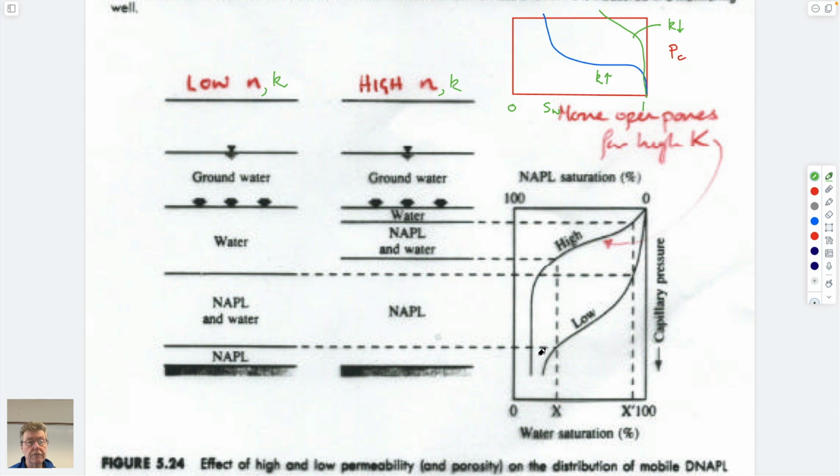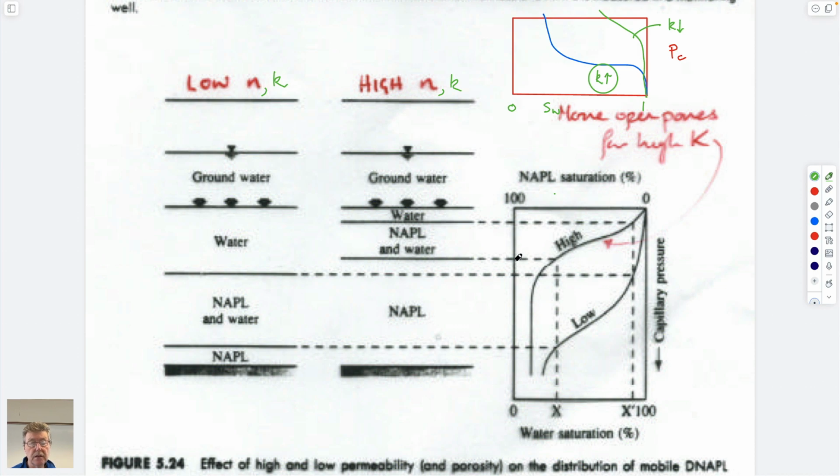So if we look at the high permeability system, which is this one, if we draw it upside down, then we'd expect that all of a sudden, if you increase the capillary pressure a small amount, you invade a lot of the pore space with this non-aqueous fluid. So it means that with water here, you can get NAPL invading quite easily.